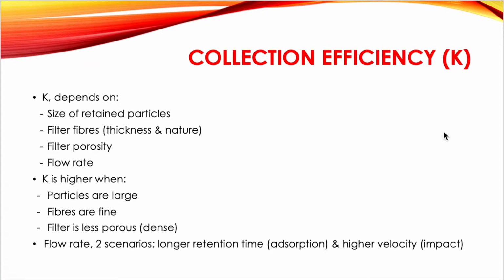For example, two scenarios: if we have a longer retention time, then more absorption, and if you have a higher velocity, it will give a higher impact, right? So this is what makes K, the collection efficiency, higher, or more efficient at collecting the particles.